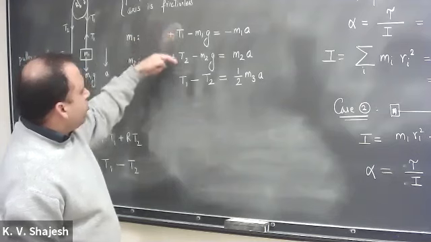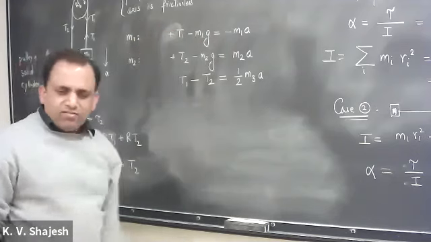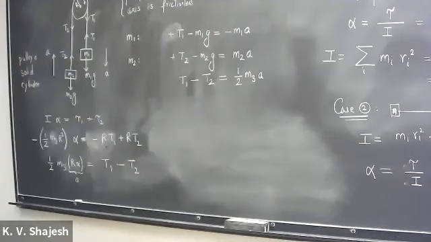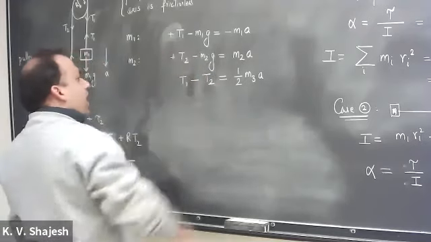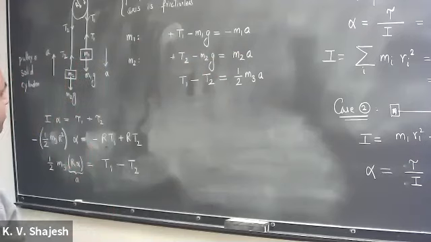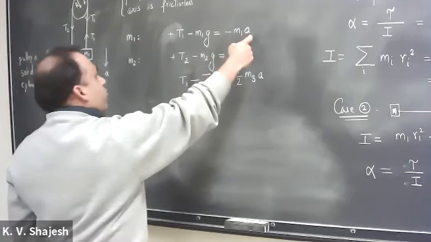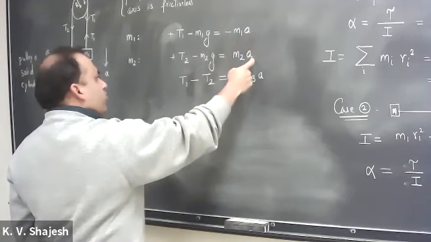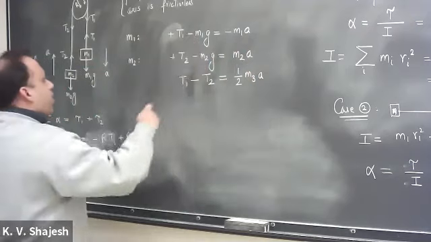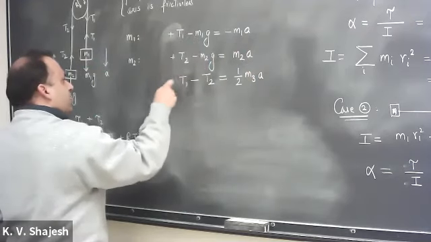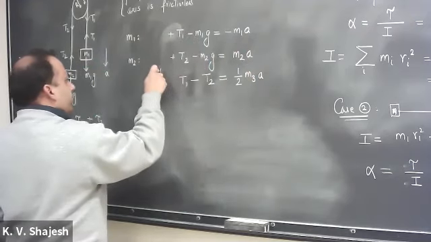T1 and T2 were the same earlier, and acceleration was also not known. But now we have T1, T2, and acceleration as unknowns, and we have three equations now. This is from the force equation for mass M1, the force equation for mass M2, and the torque equation for mass M3. So what I do now is that when it comes to the second and third equation, I add.